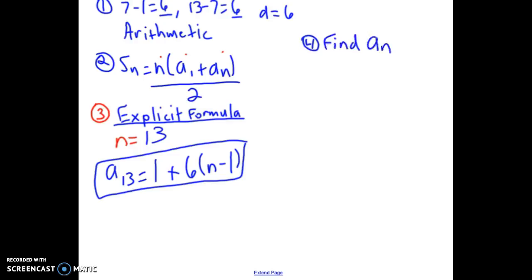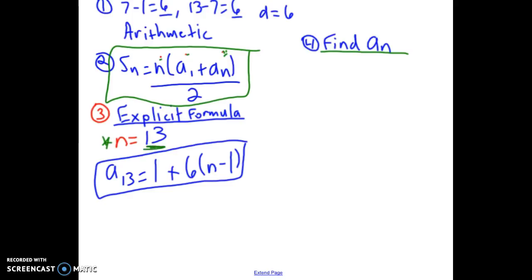This whole process is based off of this formula right here, S sub n. I needed to identify n, which I did right here, and I needed to identify a sub 1, which is given to me in the sequence. Now I need to identify a sub n. In order to do that, I need to evaluate my n of 13 in my explicit formula. I'm sorry, that's supposed to say a sub n. We're not quite there yet.